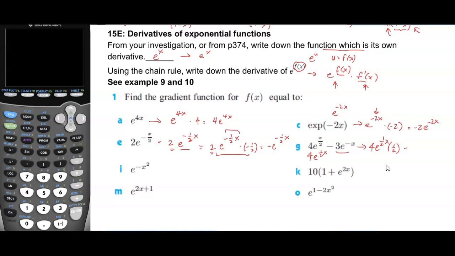Now this one, I rewrite the coefficient. I rewrite e to the -x. And then I take the derivative of the inside, which would be -1. Now I just simplify. 4 over 2 is equal to 2e to the 1/2 x minus -3 times -1 is plus 3e to the -x.